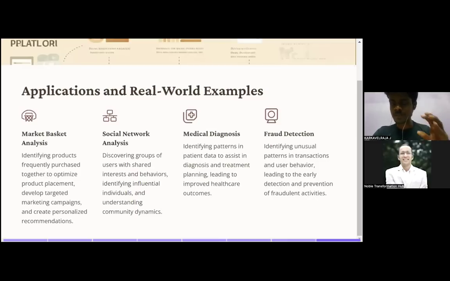Whenever a person comes with a disease, a recommendation system or the Apriori algorithm tries to create association rules. When another person comes with the same kind of symptoms, it will be much easier to diagnose them, because we already have a strategy for diagnosing a patient with these kinds of symptoms.